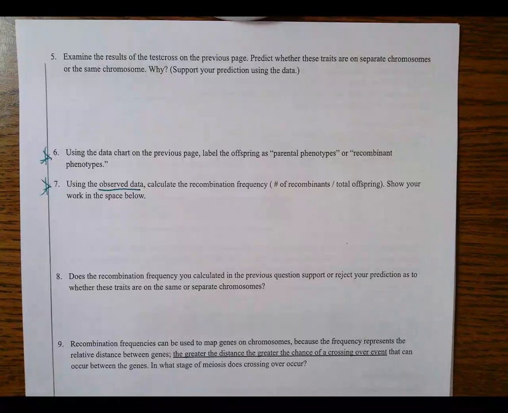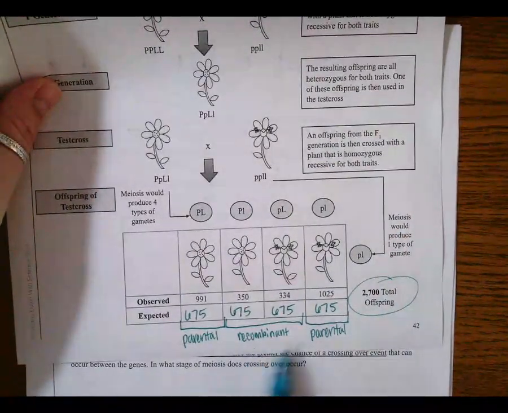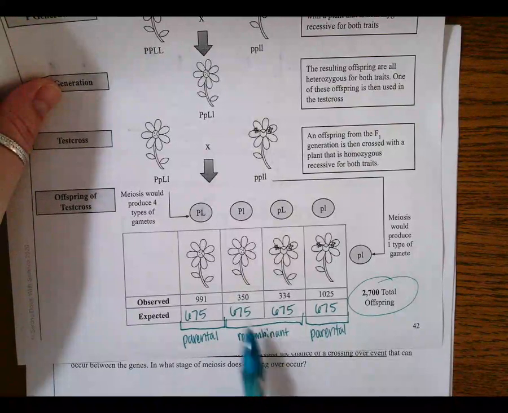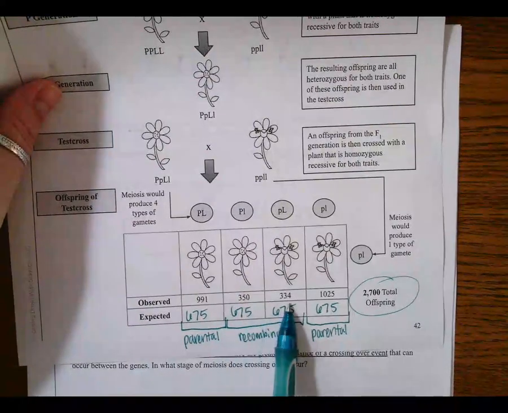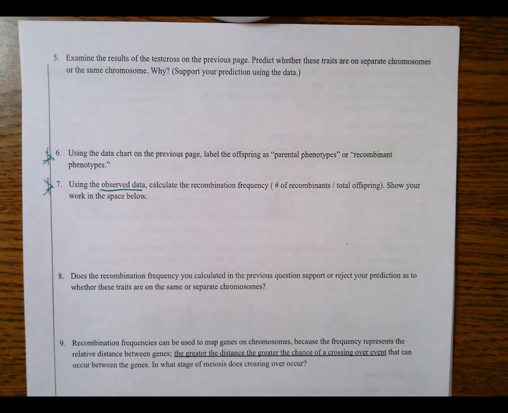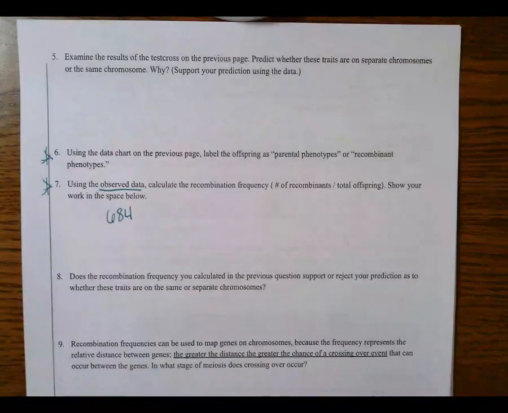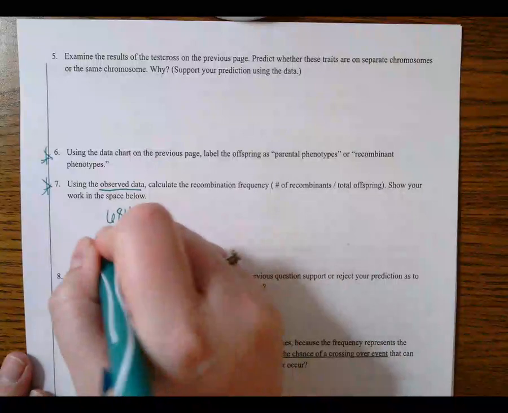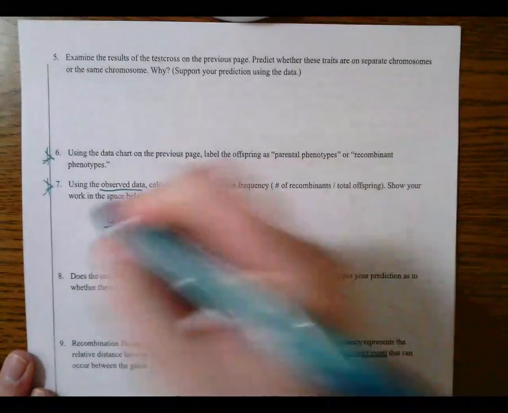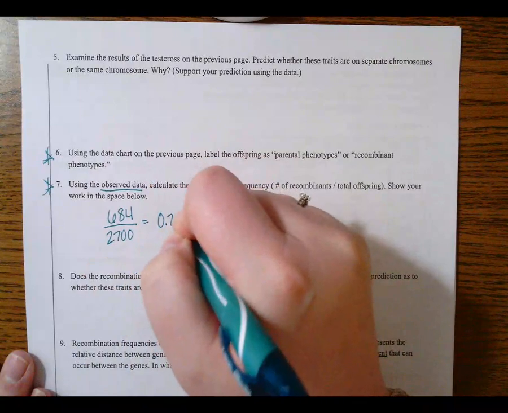So if you look back at your observed data for recombinant, so here are recombinant phenotypes right here, and then our observed are 350 and 334, and that number is 684, and we're going to divide that by the total offspring, which was 2,700, and that gives us 0.25.